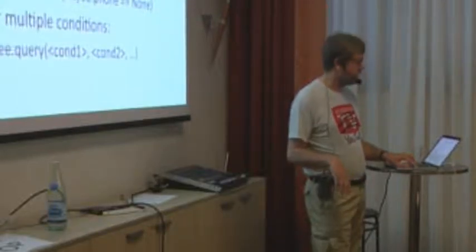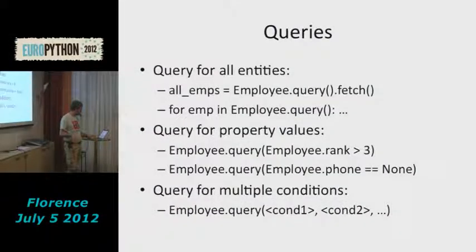Query syntax, I streamlined that a bit. There's this nice, what I think is a nice notation for querying using heavy overloading of the Python comparison operators. You can use multiple conditions and it's an implied AND.